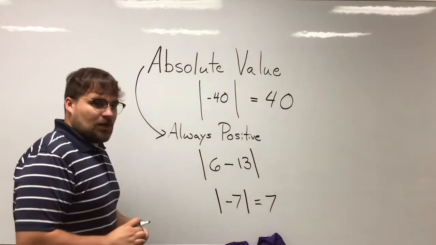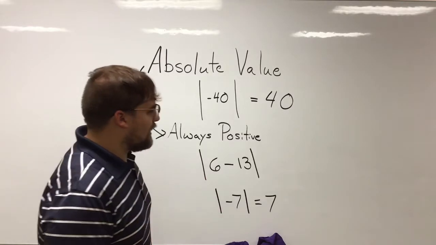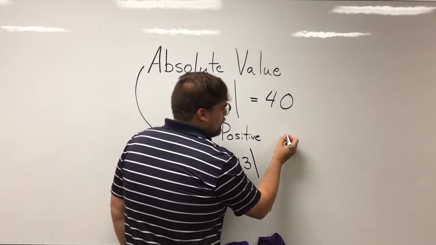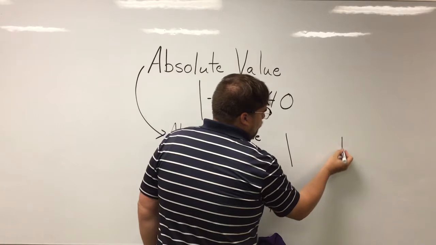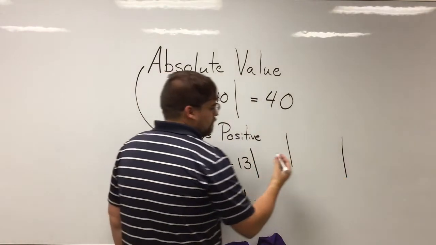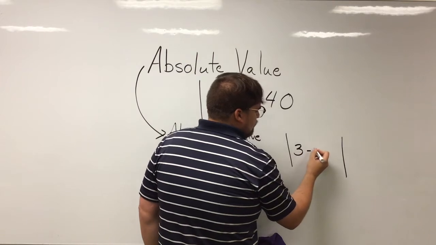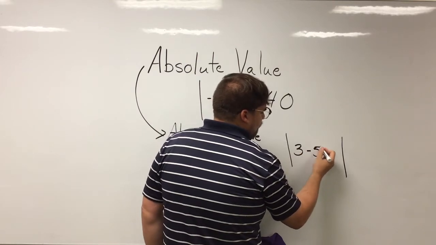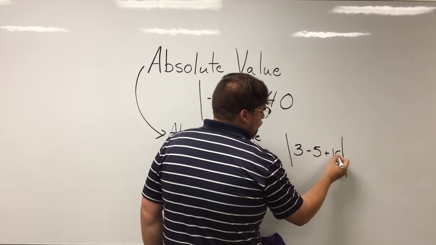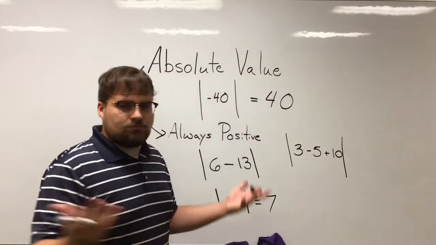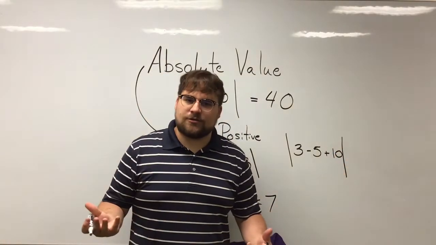We'll do one last problem here. So if we have an absolute value problem that looks like this, the absolute value of 3 minus 5 plus 10, right? Well, we got to solve everything in here.